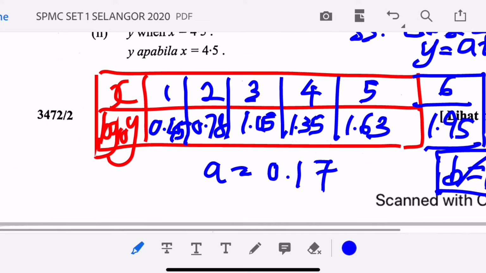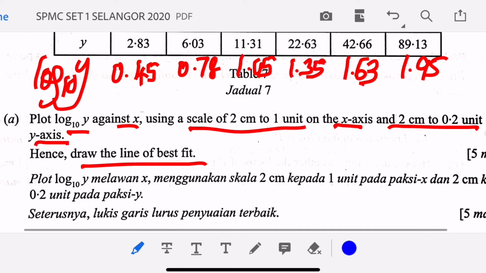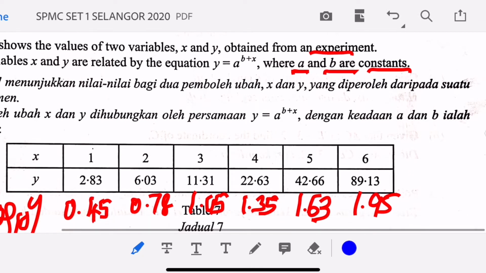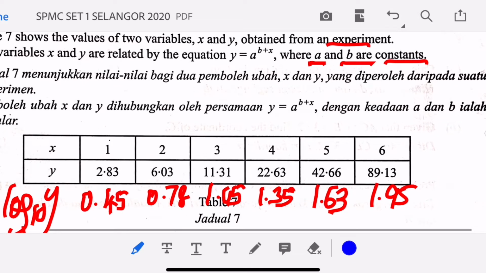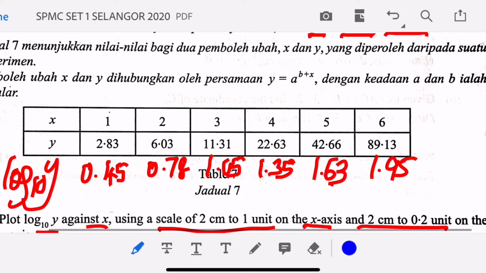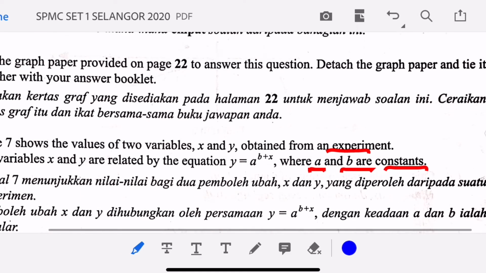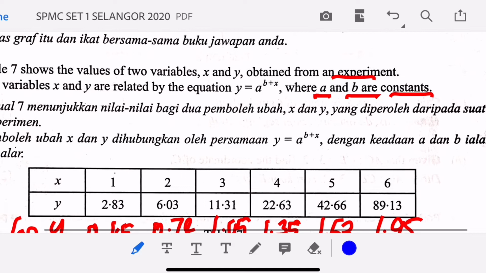So that is the tip that I would like to share with all of you on how to plot the line of best fit. After you plot, you are supposed to read the intercept and the gradient.